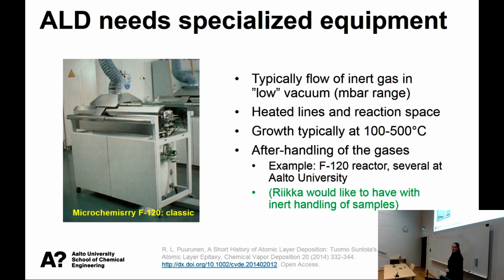Specialized equipment is needed, typically vacuum equipment, low vacuum, like 1,000th of the atmospheric pressure, not the high vacuum types that you would have for TEM and XPS equipment and so on. No, much higher pressure range. Typically working at temperatures somewhere between 100 and 500 degrees centigrade.